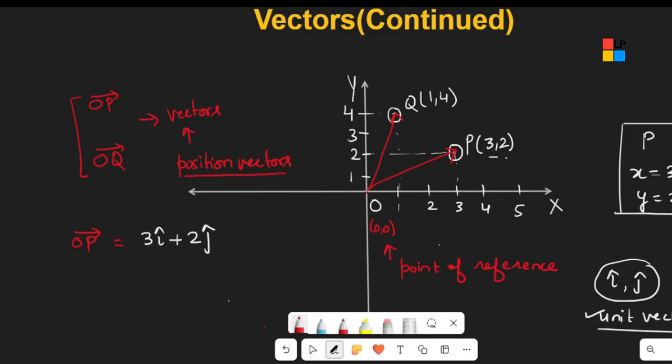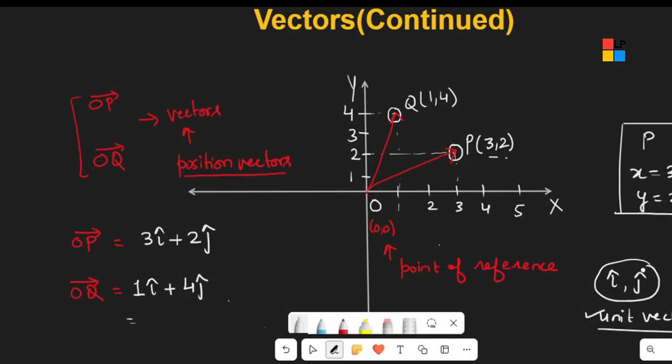So similarly, how can I write OQ here? OQ के जो कोऑर्डिनेट्स हैं, these are 1 and 4. जैसे P के x 3 थे, तो यहाँ पे x है 1. So 1i cap plus 4j cap.